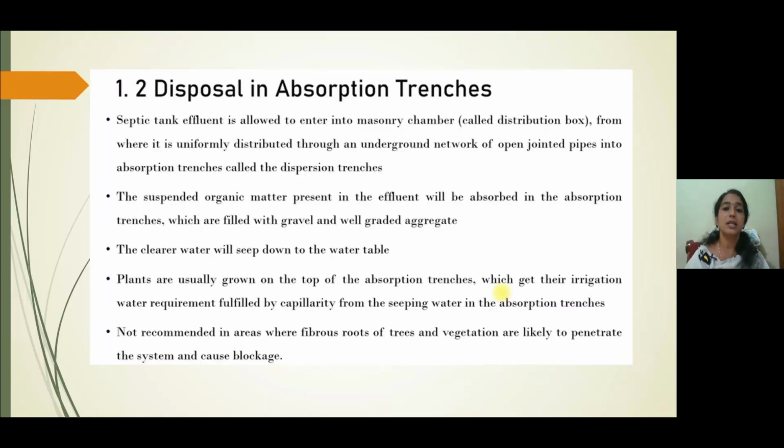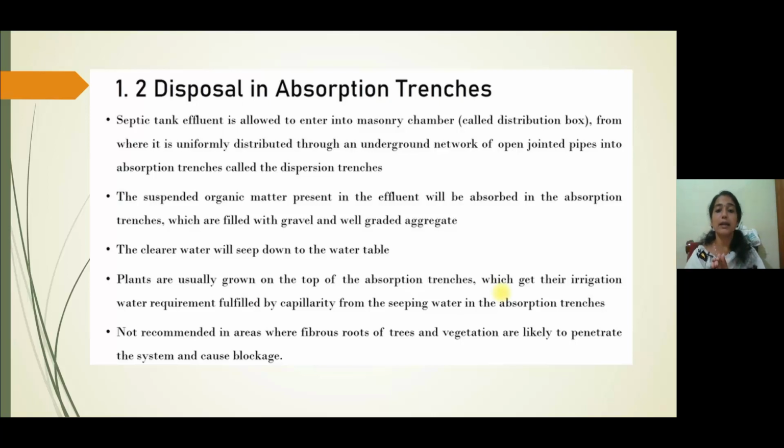Then, disposal in absorption trenches. Septic tank effluent is allowed to enter a masonry chamber called the distribution box, from where it is uniformly distributed through an underground network of open jointed pipes into absorption trenches called dispersion trenches.